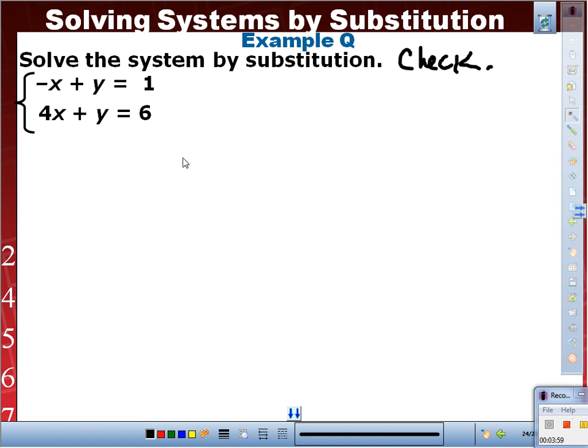Do they give me anything else to substitute? No. They only give me two equations. Writing utensils down, please. Therefore, if they only give me two equations, the only thing I can think of is start doing something with one of them.